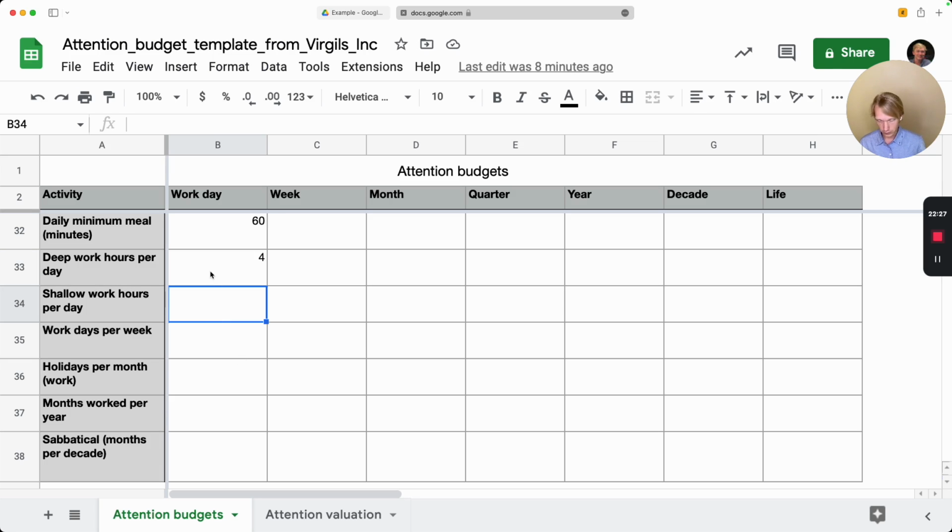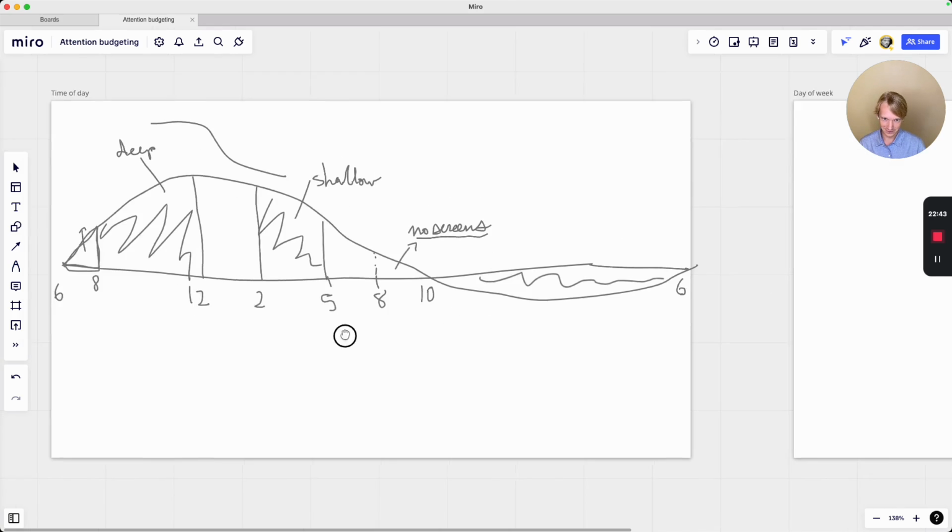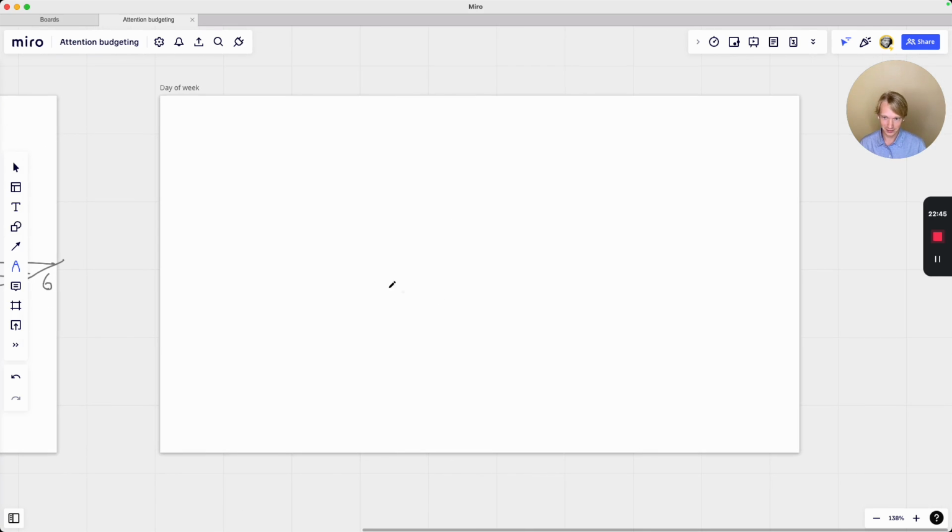So in that model, how many shallow work hours do we have? It's like 3. Work days per week. Okay, so let's talk about this. I'm just going to put 5 for me, but something to think about is, let me draw this out.